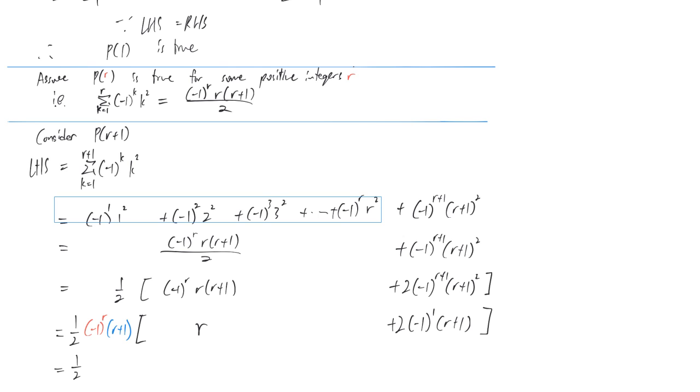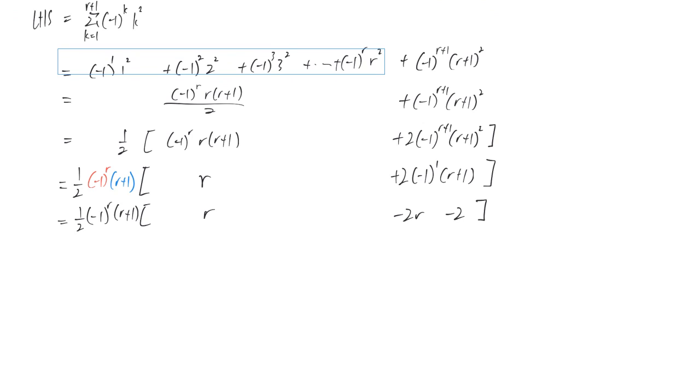So then we just continue our calculation and see what will happen. It is r minus 2r and then minus 2. So we get negative r minus 2 here.